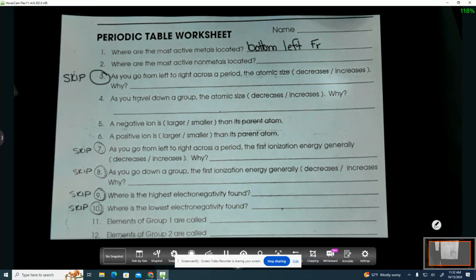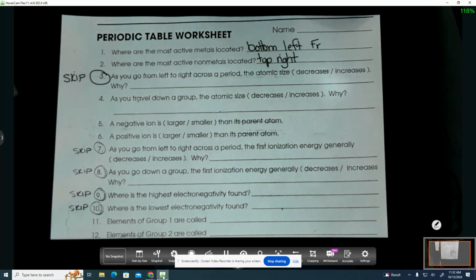All right, where are the most active nonmetals located? Top right. So helium is in the top right. Is that the most active nonmetal? Why not? Because it's helium. That's very good. Give me a little more than that.